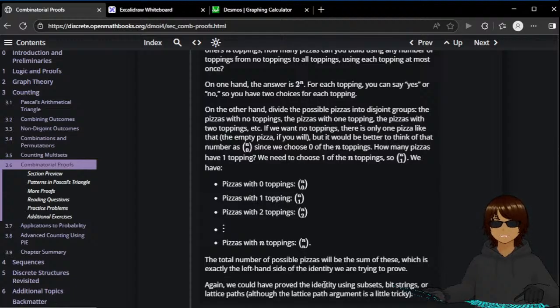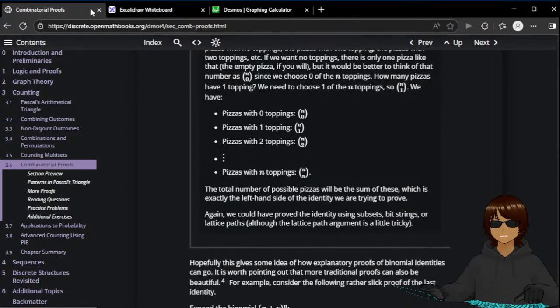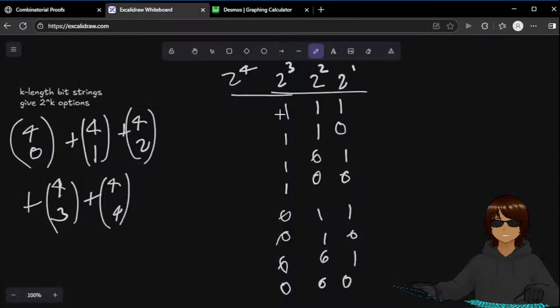Again, we could have proved the identity using subset bit strings or lattice paths. I'm trying to use bit strings. How do you prove it? I will just write 0, or I will just write 1, and then this repeats with zeros.